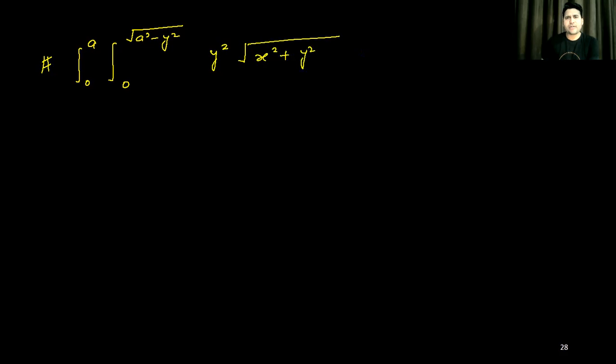The question I am taking is: change the integral, which is from 0 to a, and 0 to root over a square minus y square, with y square root of x square plus y square inside, dx dy, into polar coordinates. It means we want to change the variable from xy to r theta.